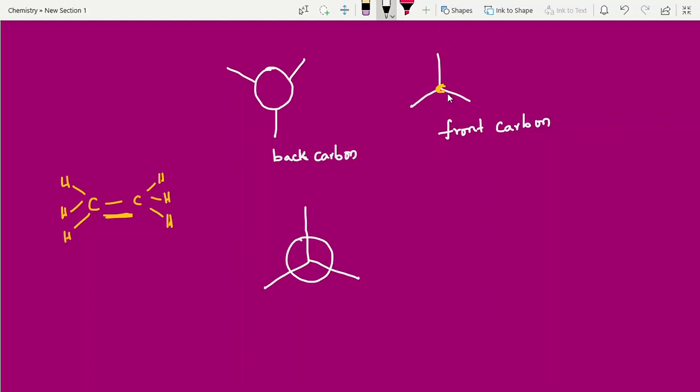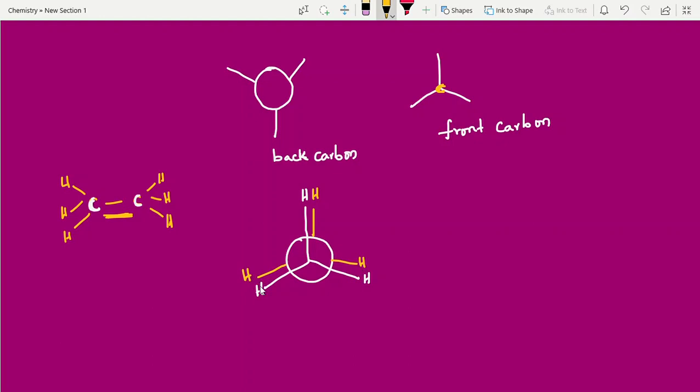Lines represent the front carbon, the circle represents the back carbon. Now this front carbon, how many hydrogens? 1, 2, 3. The back carbon also has 3 hydrogens. I am writing the back carbon hydrogens with another color, so it is easily understood. This is the hydrogen, this the second hydrogen and the third hydrogen.